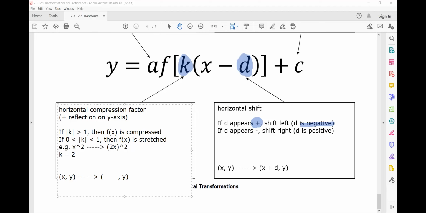The K value is 2, which means we say there is a horizontal compression by a factor of half. Everything is going to be multiplied by 1 over k, 1 over 2.